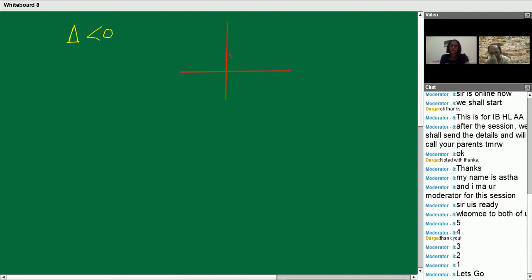It might touch the y-axis, but it won't touch the x-axis, because if it touches the x-axis, it means it has real roots. So when a is greater than 0, it would be like this, and when a is less than 0, it would be like this.